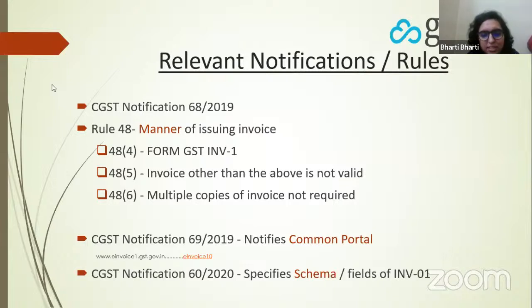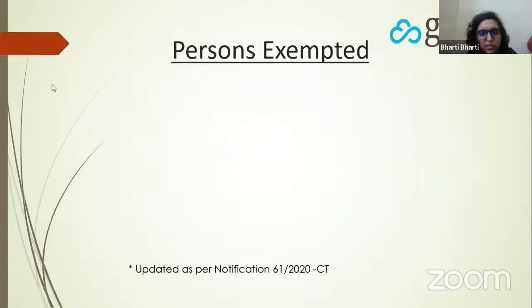GST notification 60/2020 gives the schema, basically what information has to be provided and how it has to be provided for an e-invoice. We'll look at it in detail in the coming few sections.